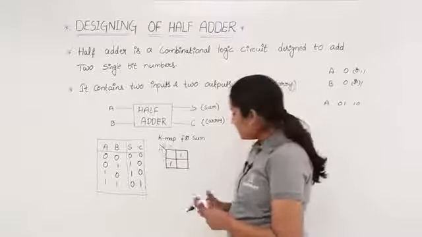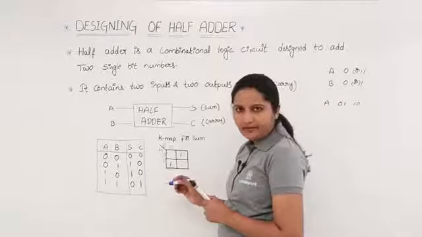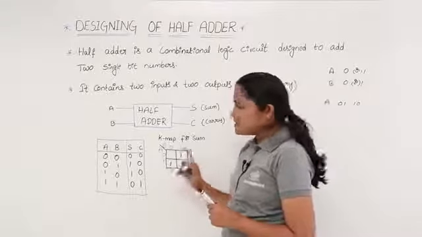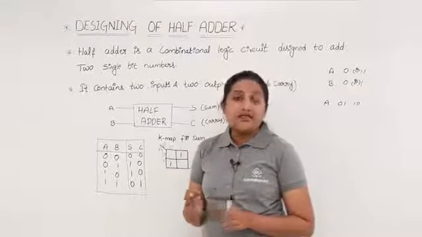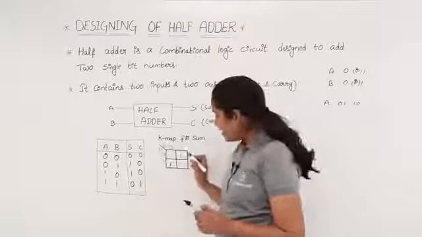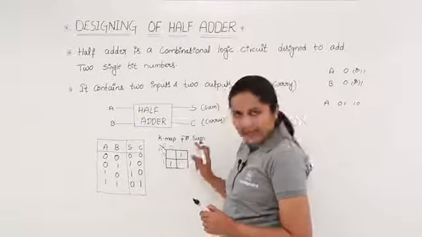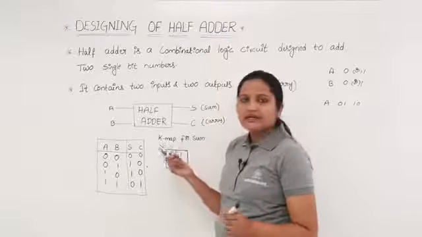So you can do this diagonal grouping. This diagonal grouping is nothing but XOR. In a K-map, when you see ones like this, you can do diagonal grouping. So this is nothing but XOR.